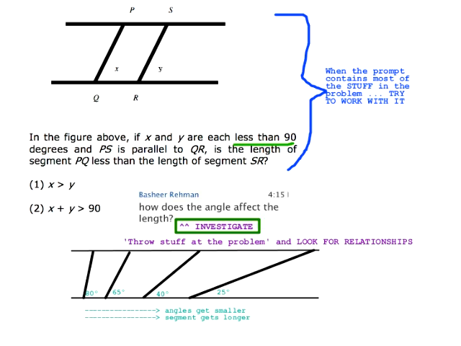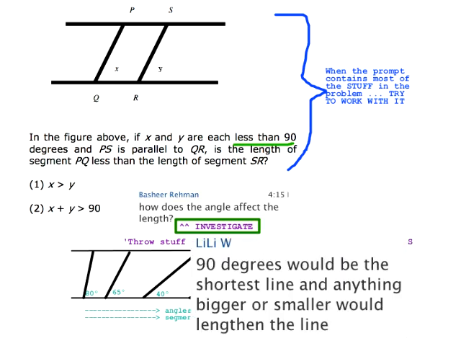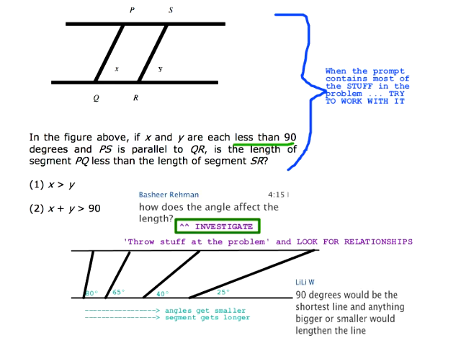The other realization to make, because the things in these problems are always there for a reason, is to think about why the 90-degree thing is important here. If you do draw a segment that makes a 90-degree angle, you'll realize that it's the shortest path between the two lines.